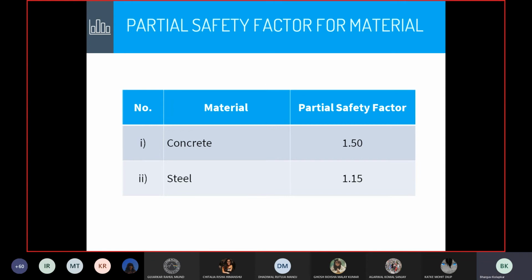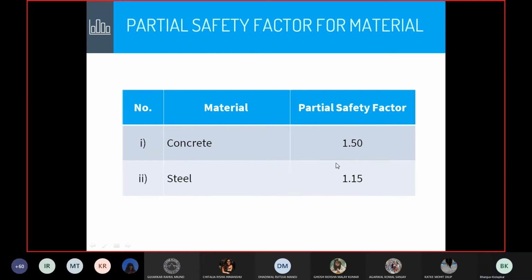If it fails in a ductile manner, we had a partial safety factor of 1.1. If it is a brittle or sudden failure, we had a partial safety factor of 1.25. Now here we have two different materials, and obviously these different materials need to have different partial safety factors. Concrete has a partial safety factor of 1.5 and steel has a partial safety factor of 1.15.